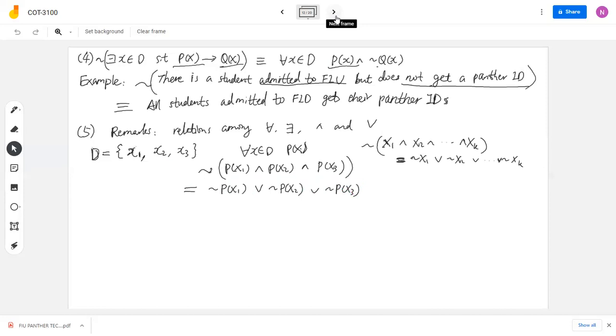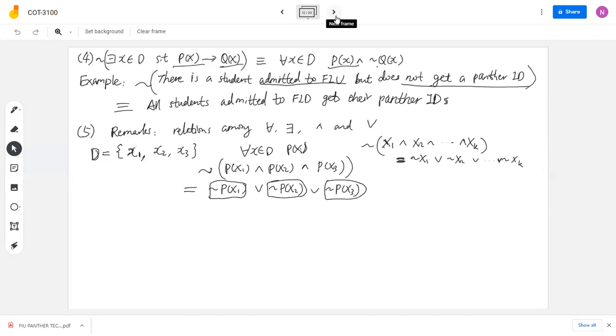If you think of the negation of Px as a new predicate, then this is just saying there exists x such that not Px. Therefore, this explains why the negation of the universal quantifier becomes an existential quantifier of the negation of the original predicate.